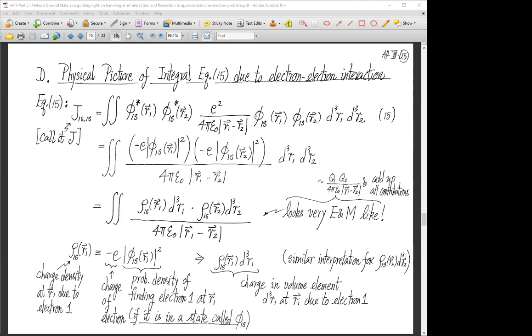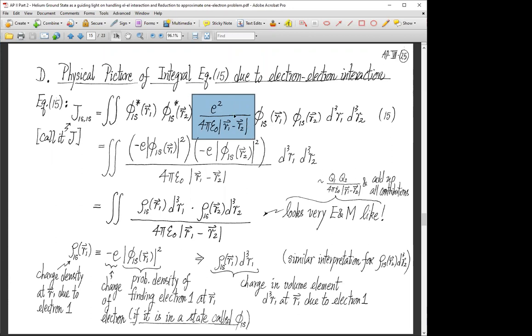In both techniques, we need to handle this particular integral related to the Coulomb repulsion between the two electrons. In this part, we would like to look into the physical picture of such a multiple integral. There are 6 of them all together.